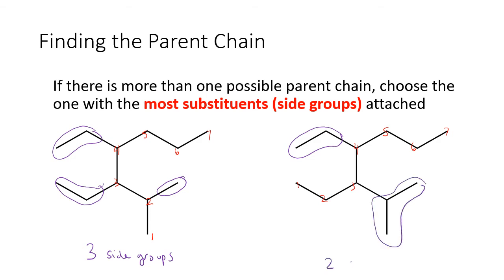So there's only 2 side groups. That would mean that we would choose our numbering pattern to match the one on the left and not the one on the right, because we want to maximize the number of simple substituents rather than complex substituents and having less of them.